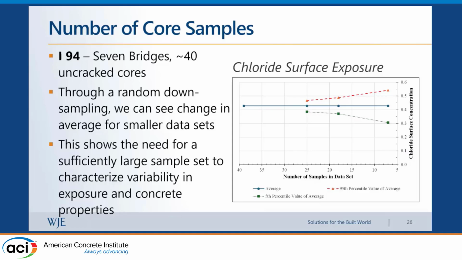As you can see in the figure, the smaller the number of samples you have, the wider the range of averages you can end up with from your cores. So it is important to collect enough cores that represent the overall variability of exposure conditions on your structure, because otherwise you might end up with a skewed input parameter that will result in misleading predictions. This highlights the importance of sample size when you're planning for the corrosion assessment.